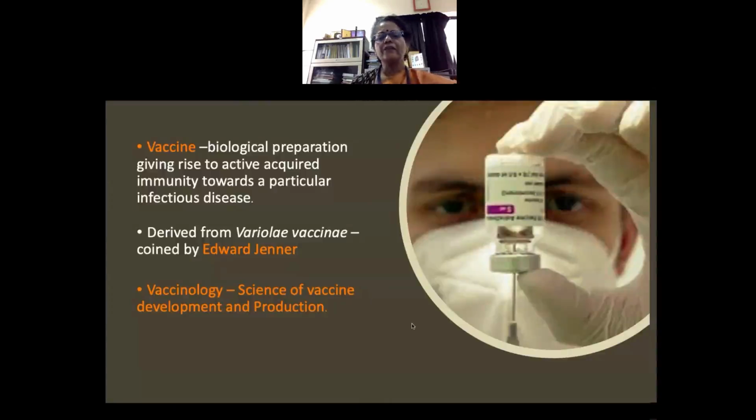So, what exactly is a vaccine? A vaccine is a biological preparation which gives rise to active acquired immunity towards a particular infectious disease. And this nomenclature was coined by Dr. Edward Jenner, and in this definition of vaccine, we have active acquired immunity.